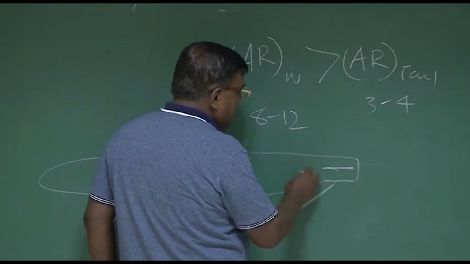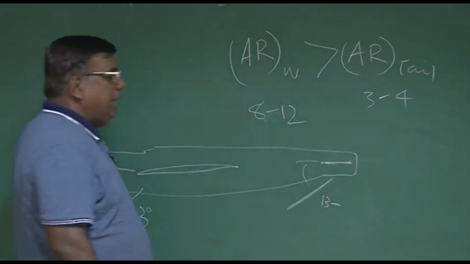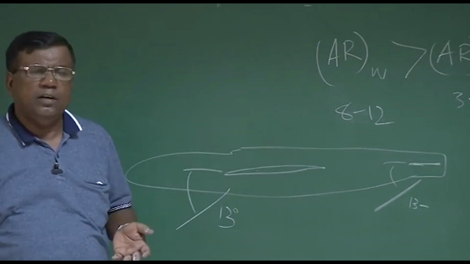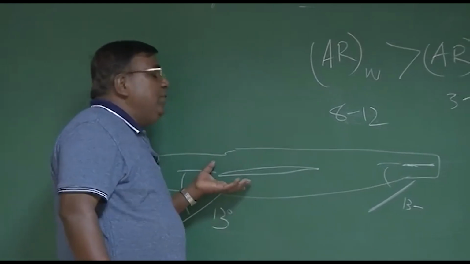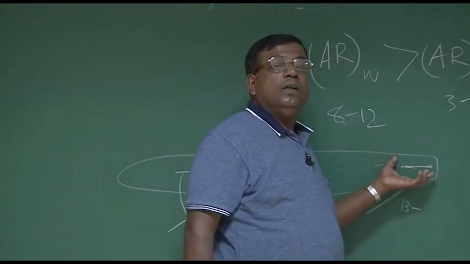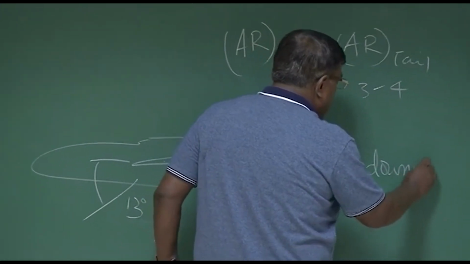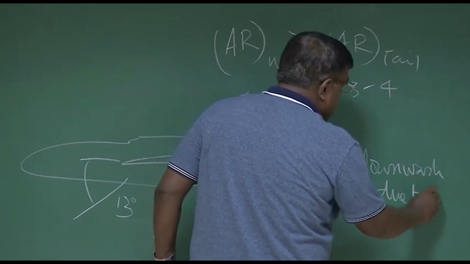But the tail will see much less than the same 13 degree, because the tail will have its own downwash, which will be pretty high because the aspect ratio is less. That means even if the wing goes into stall, the tail will not go into the stall because of the downwash due to the tail itself.